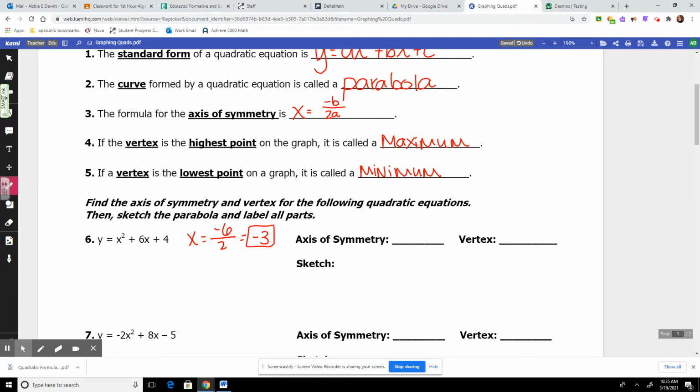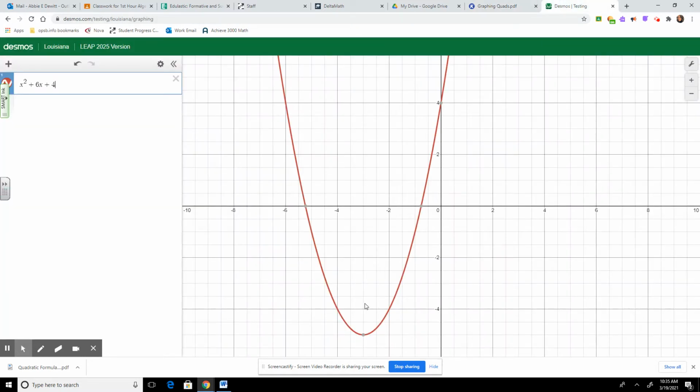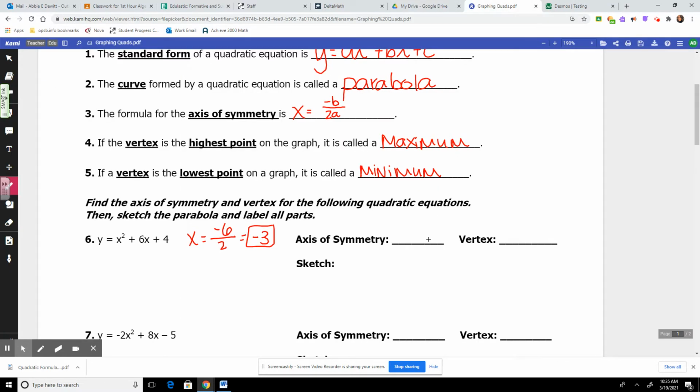If you wanted to see the visual, the axis of symmetry is where you can draw a vertical line straight down the middle of this parabola, and it cuts the parabola in an equal half. Right here at x equals negative 3, between negative 2 and negative 4, if I draw a vertical line, it's going to cut that parabola in a perfect half. So my axis of symmetry is negative 3.